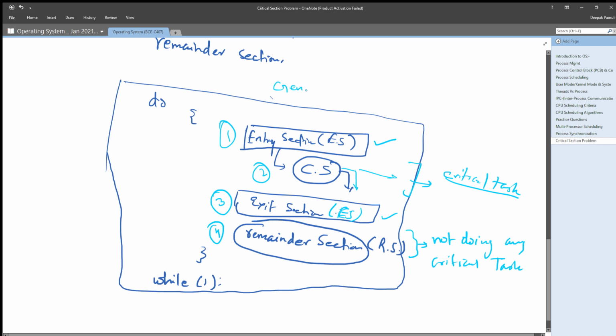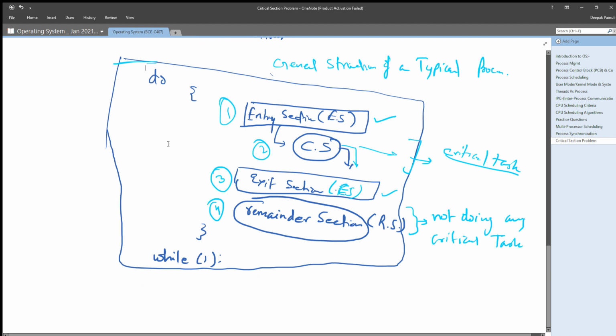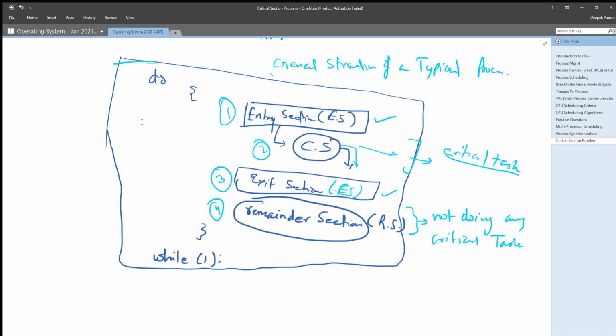So this is the general structure of a typical process. You must remember this structure, because it will be beneficial when we study the critical section problem in the forthcoming lectures.